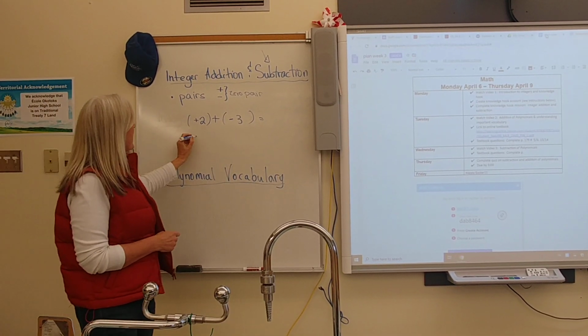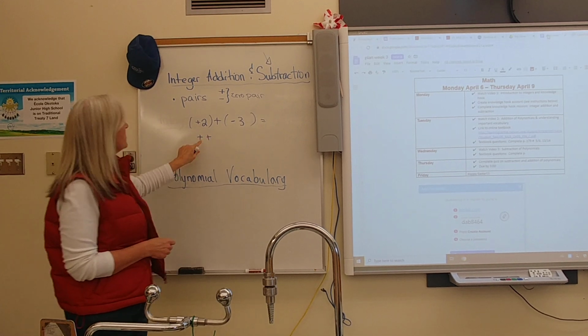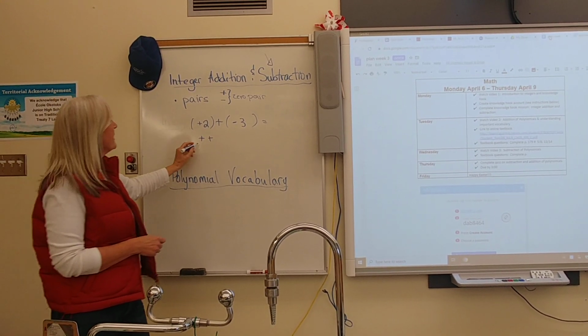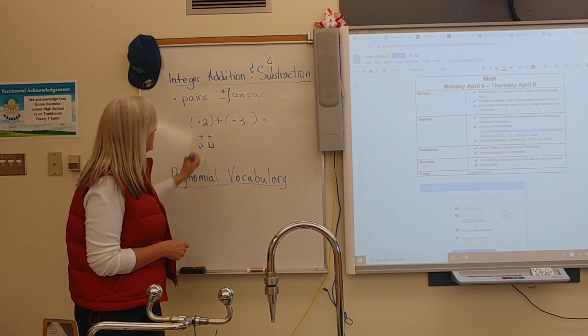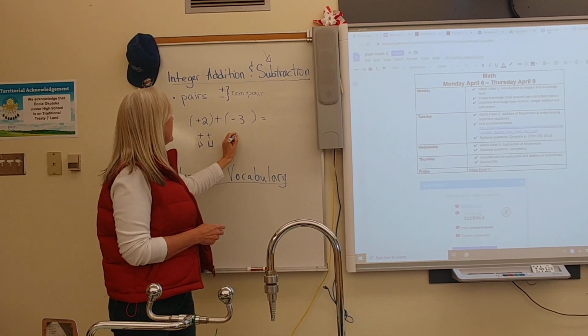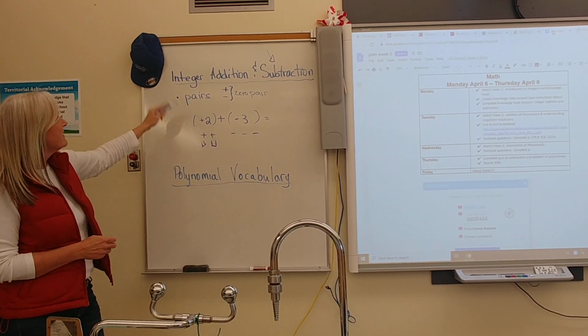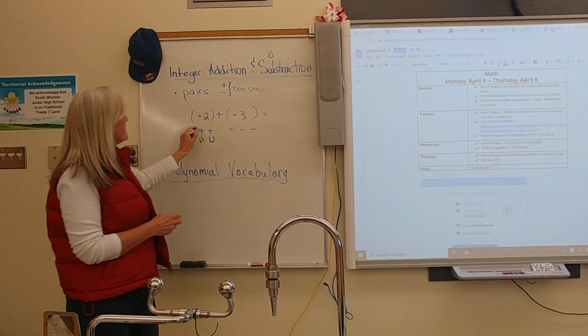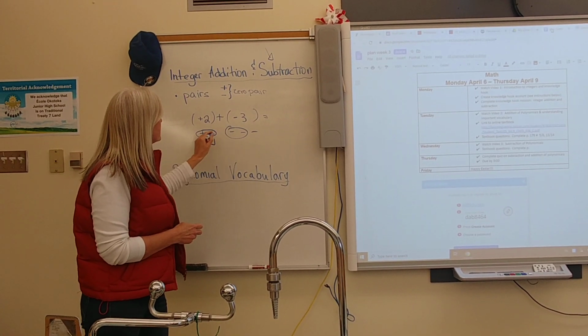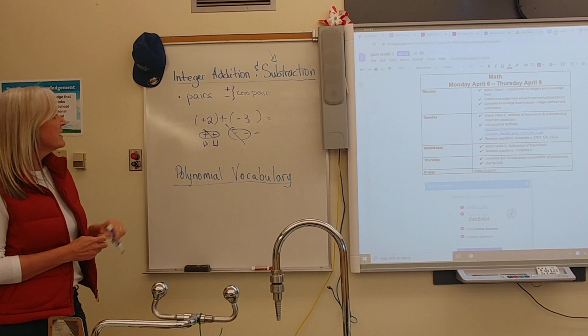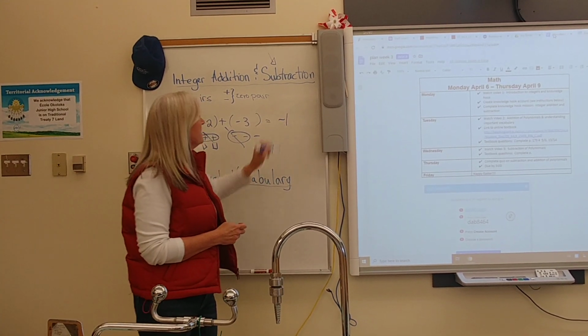In this case, we have two positives represented here. You might be used to representing them in squares. And we have negative 3. Again, our integers occur in pairs. These two cancel out these two, giving us an answer of negative 1.